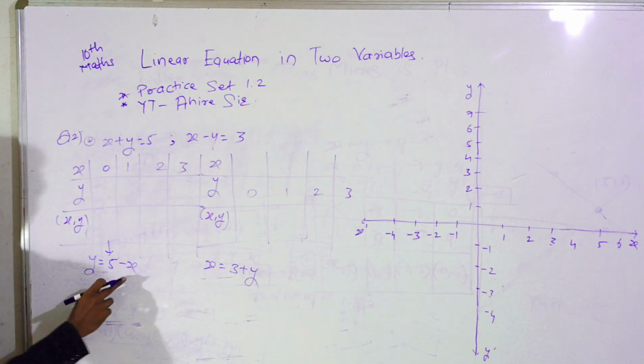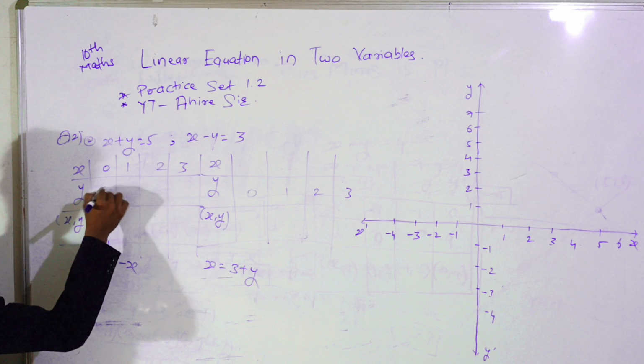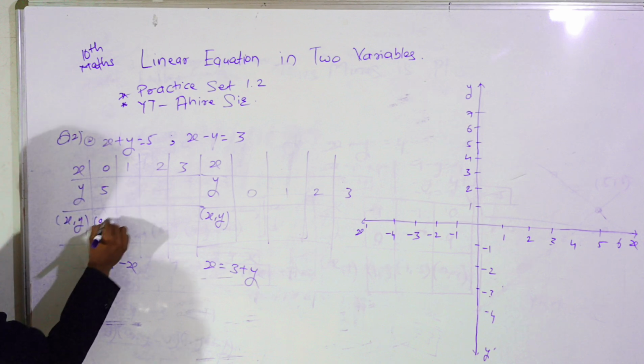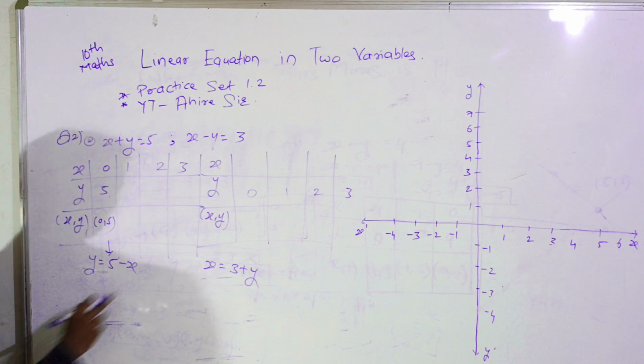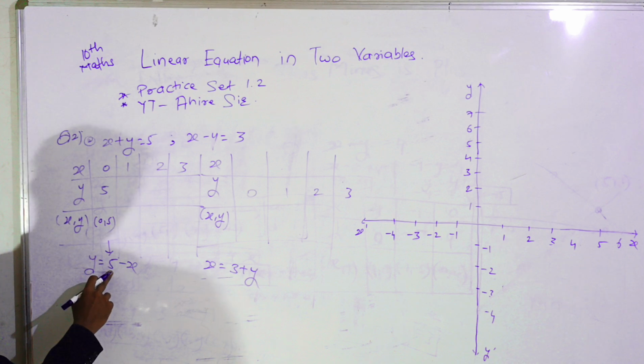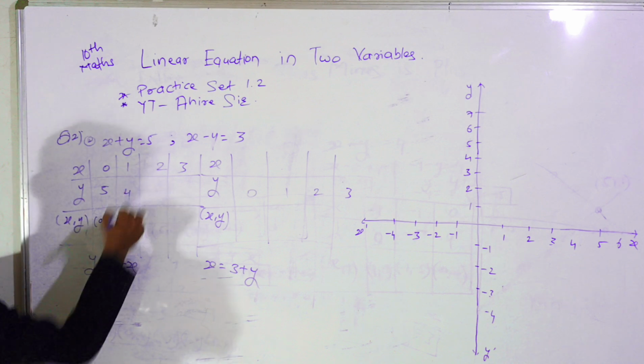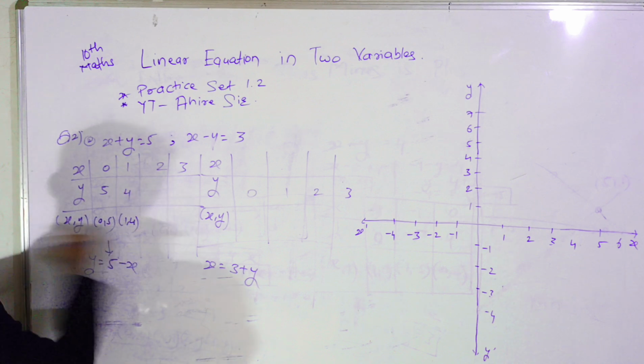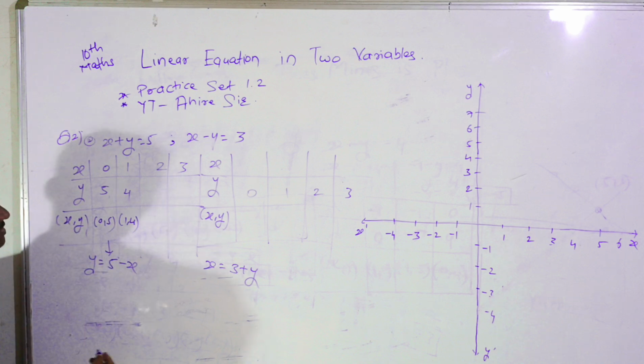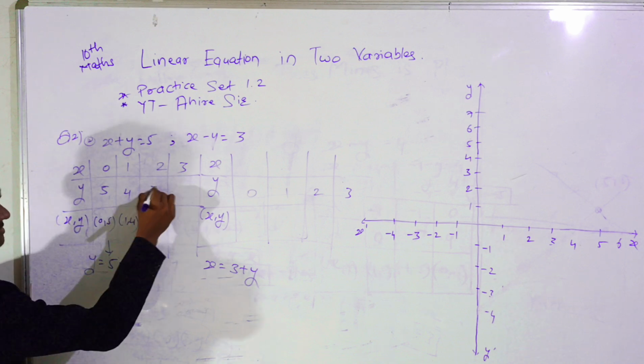Okay, when x equals 0, y equals 5, so (0, 5). When x equals 1, y equals 5 minus 1, 4. When x equals 2, it becomes 3.